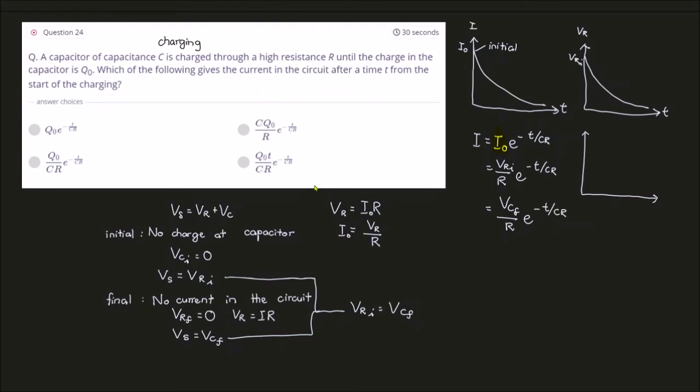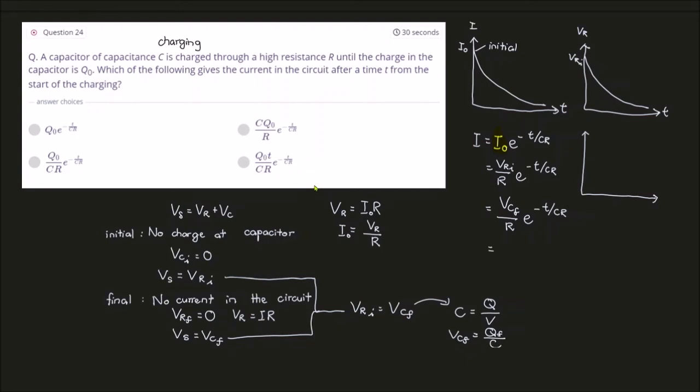This is the voltage across the capacitor at the end, in the fully charged state. Since C equals Q over V, our VCF should be equal to Q final divided by C, which is constant.